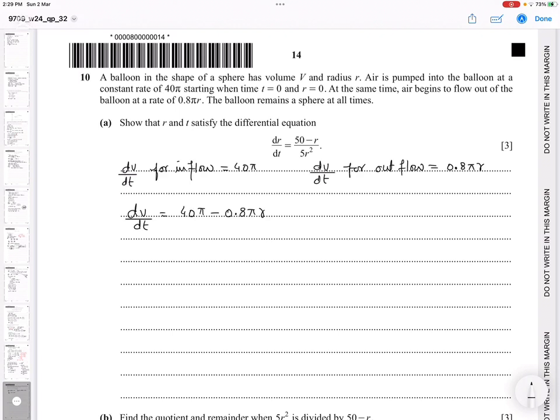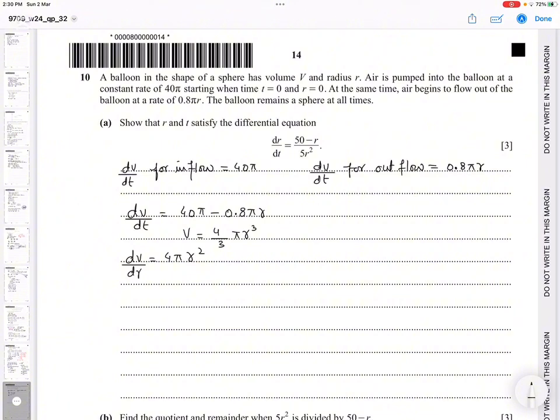Volume of sphere to be used here because question says that a balloon remains a sphere at all times. So V equals 4 over 3 pi r cube. So take its differentiation. So dV over dr would be equal to, you bring down power and it will be cancelled with 3. So you are left with 4 pi r square.